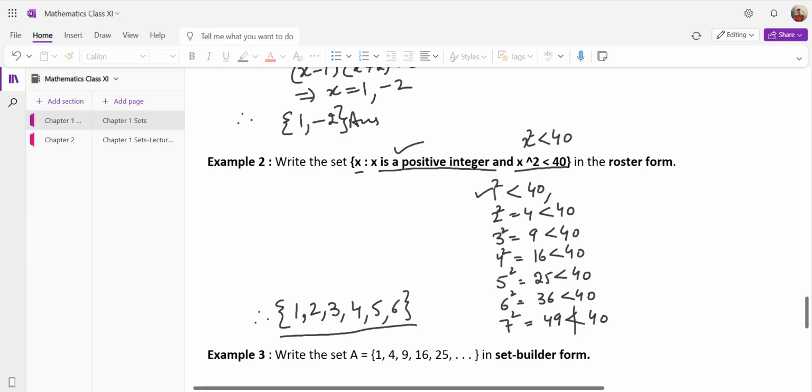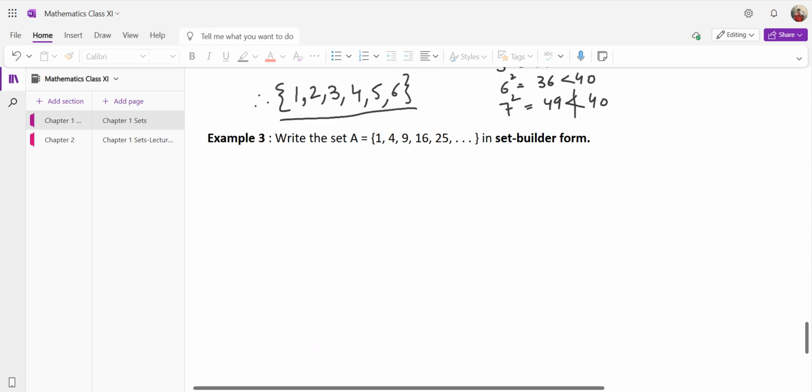So the set satisfying this property, x is a positive integer and the square of x is less than 40, will be 1, 2, 3, 4, 5 and 6.